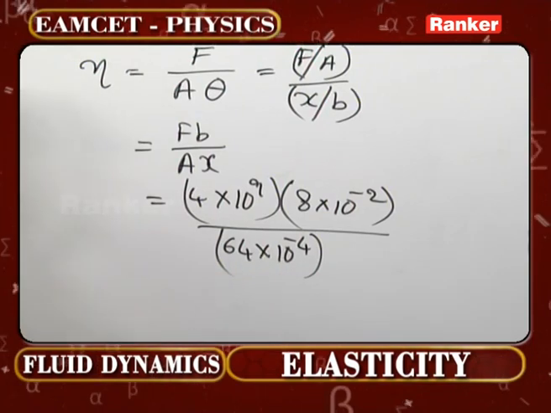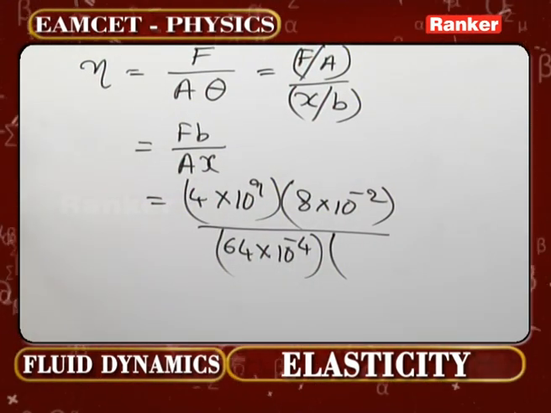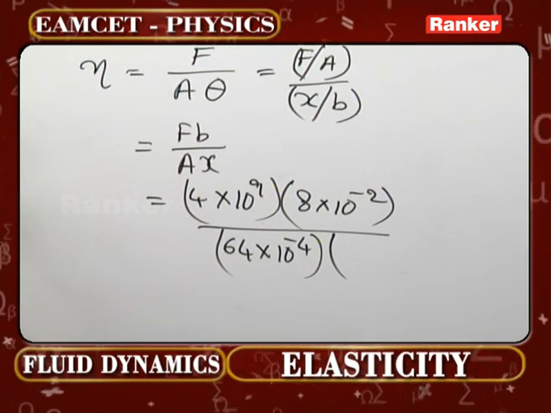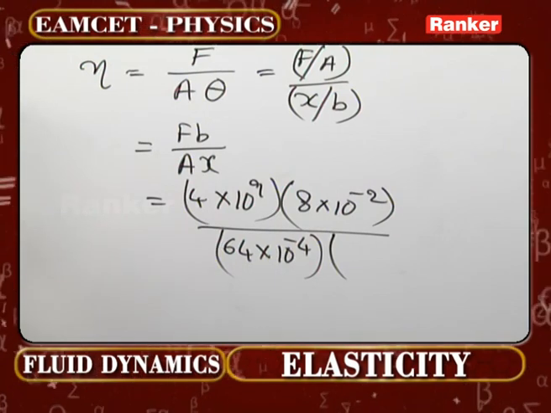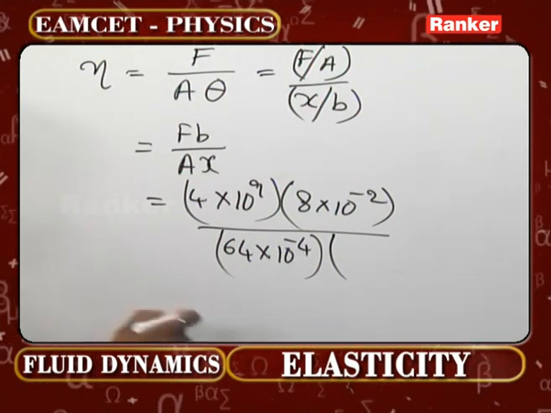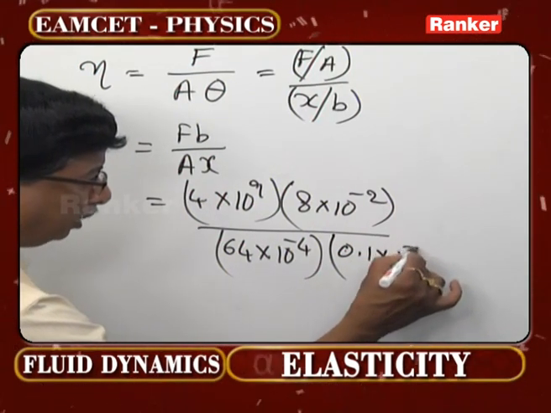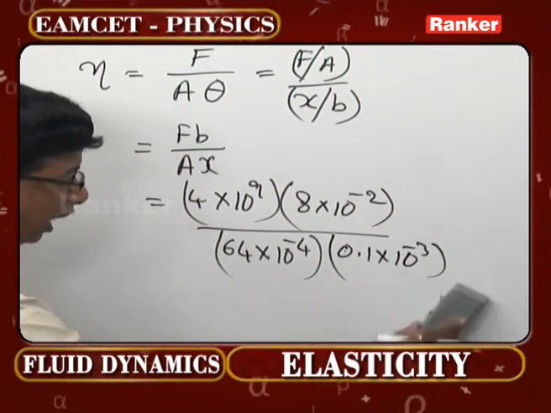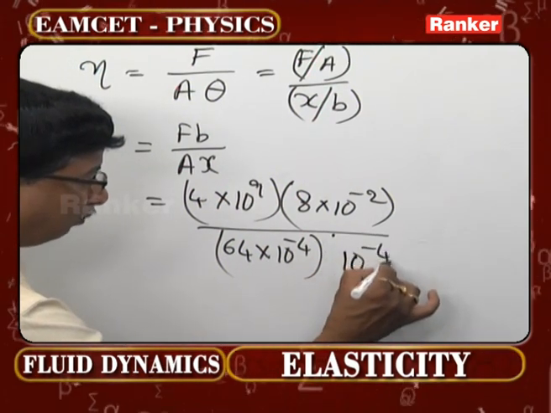I now can write into what is going to be the displacement given. It's very clearly mentioned the displacement as 0.1 mm. 0.1 into 10 power minus 3 can even be rewritten as 10 to the power minus 4. That is a better choice always.